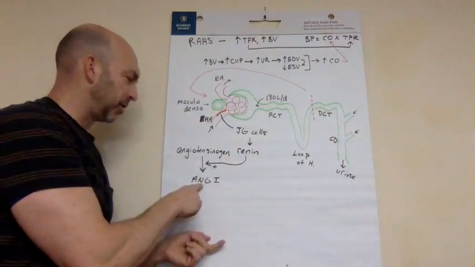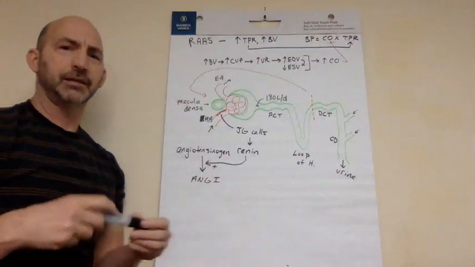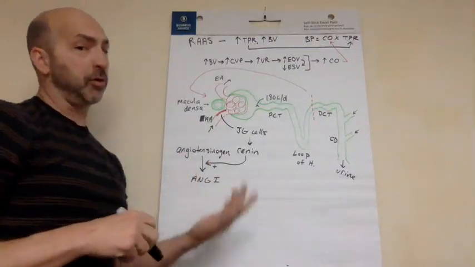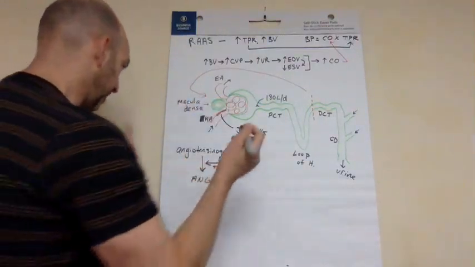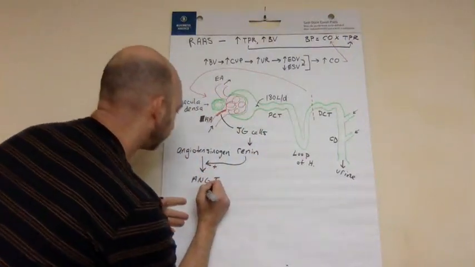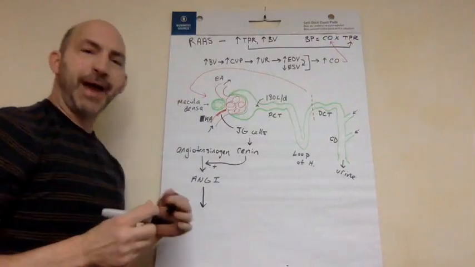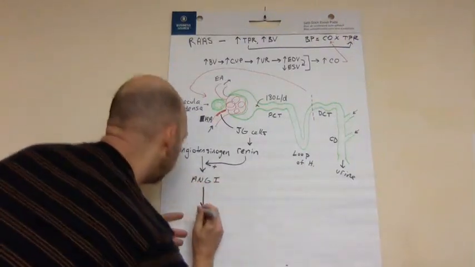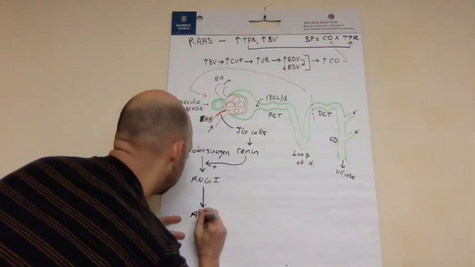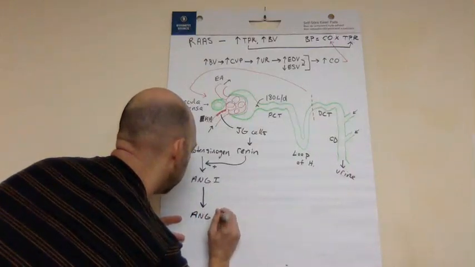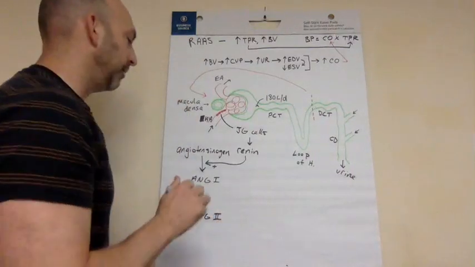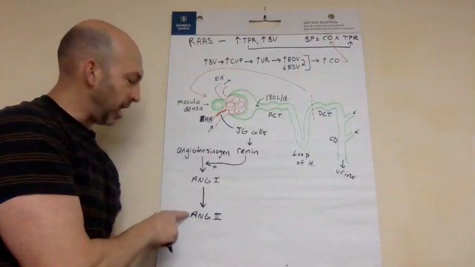So this is largely an intermediate, right? Again, still a prohormone, really, because it doesn't have effects of its own. And it is going to be converted pretty much automatically, without any real control, into angiotensin 2. So basically we go from a decapeptide to an octapeptide.